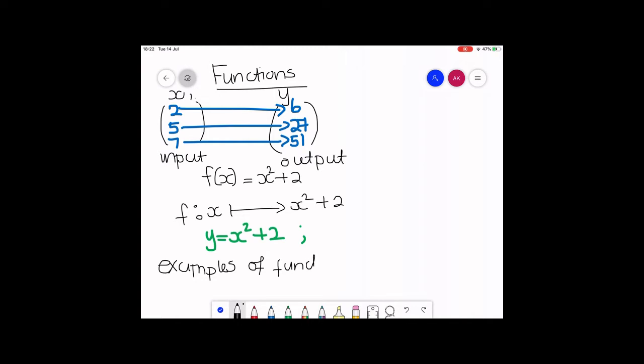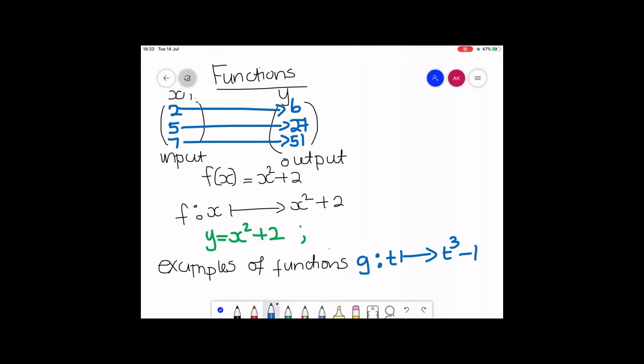Examples of functions are, we can have a function written as g such that t is mapped onto t cubed minus 1.